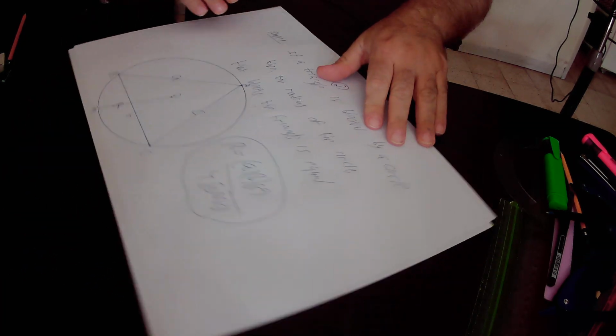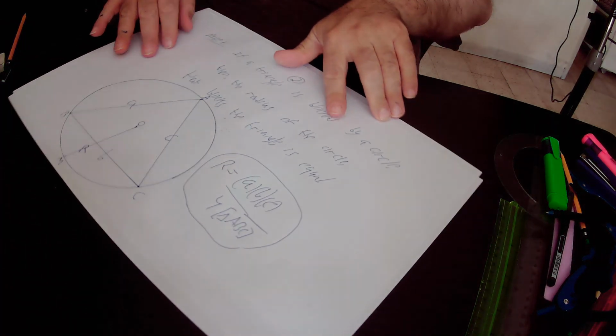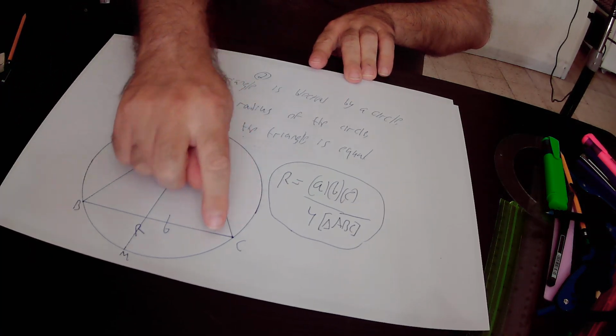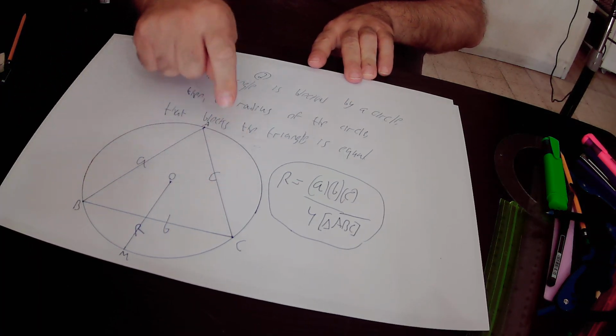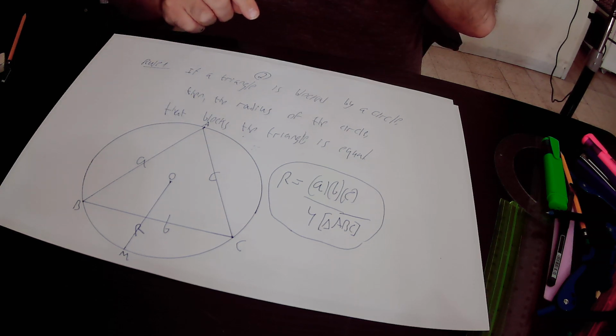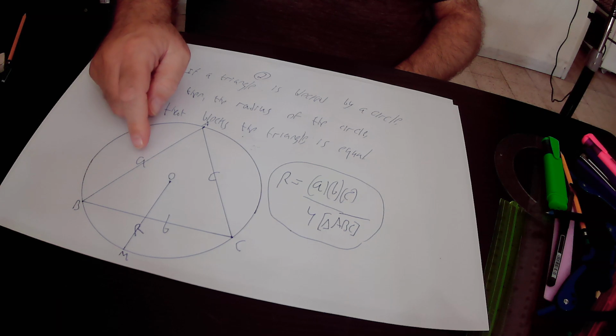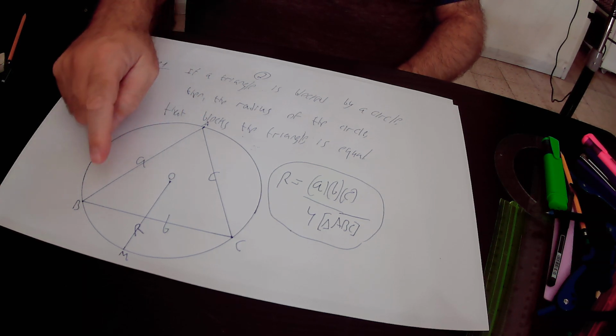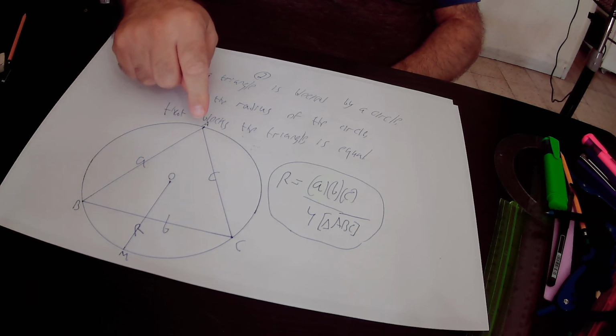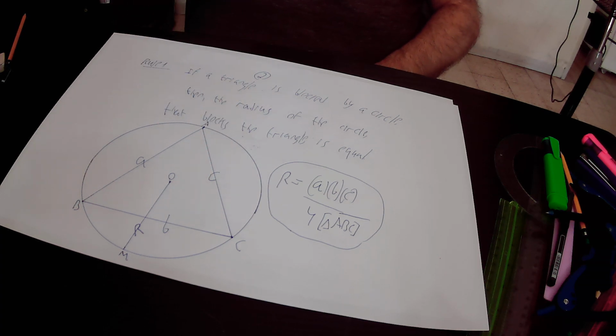Here we know that the length of side AB equals A units, side BC equals B units in length, and side AC equals C units in length.